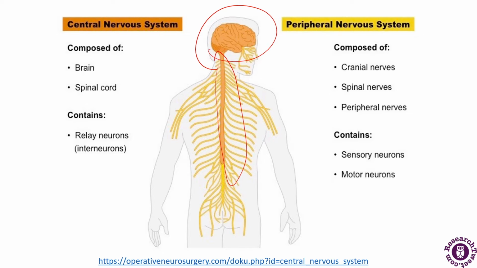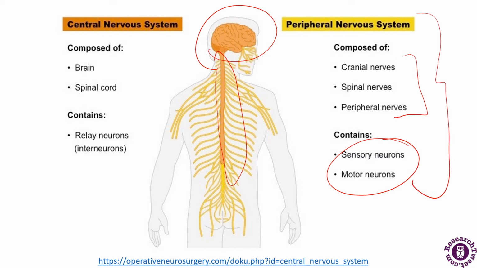It contains the relay neurons, also called interneurons. The peripheral nervous system is composed of these three nerves, and it contains sensory neurons and motor neurons. But our main focus is on the central nervous system, so we will discuss it in much more detail.